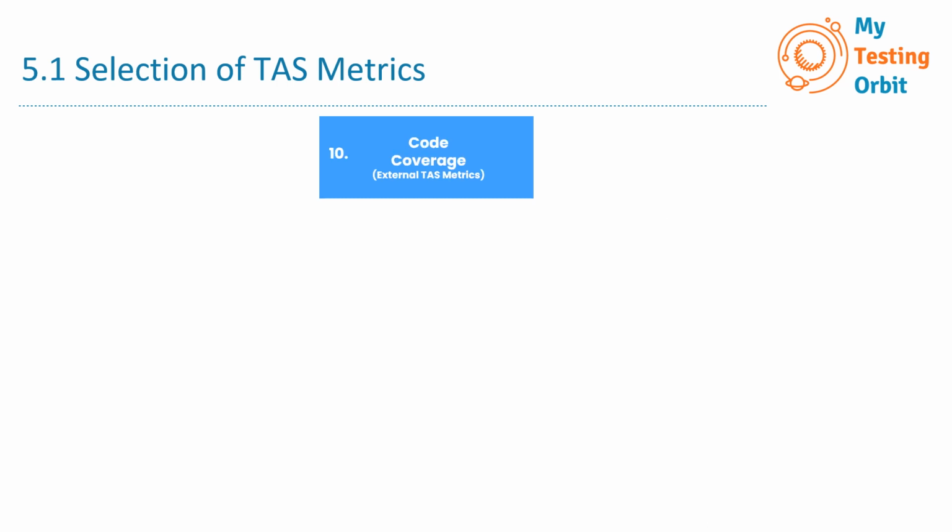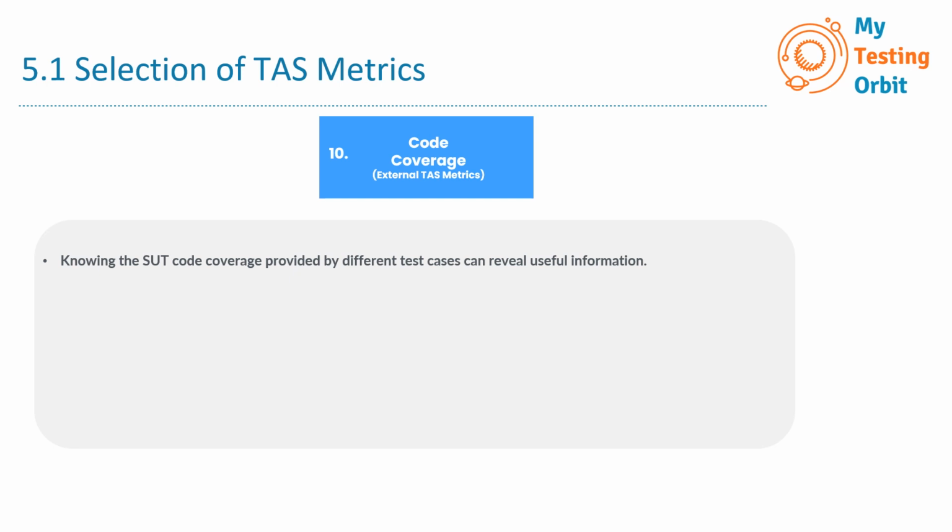Metric number 10, code coverage, which is our last external TAS metric. Knowing the SUT code coverage provided by different test cases can reveal useful information. So understanding how much your tests touch your software's code is quite informative. It helps you identify gaps and areas that might need more testing attention.